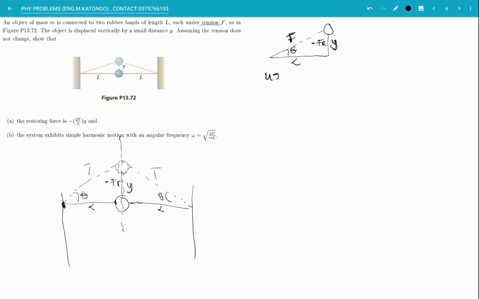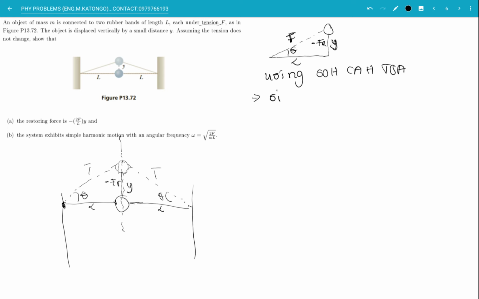So using SOHCAHTOA, we can have the restoring force in the form of the sine function.